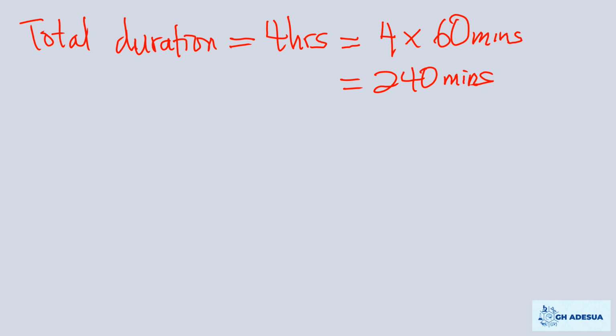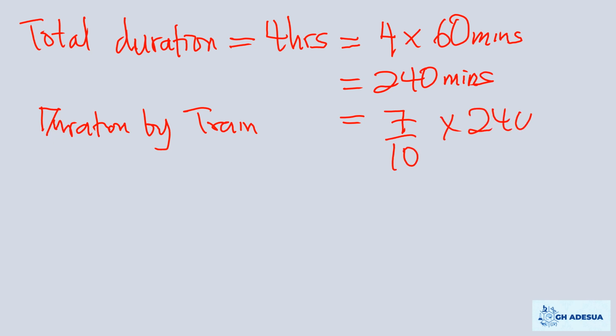Now we are told that he did 7/10 of the duration by train. So duration by train is equal to 7/10 times 240 minutes. 0 cancel 0, so we have 24 times 7, or 7 times 24. 7 times 20 will give us 140, and then 7 times 4 will give us 28. 140 plus 28, that will be 168.